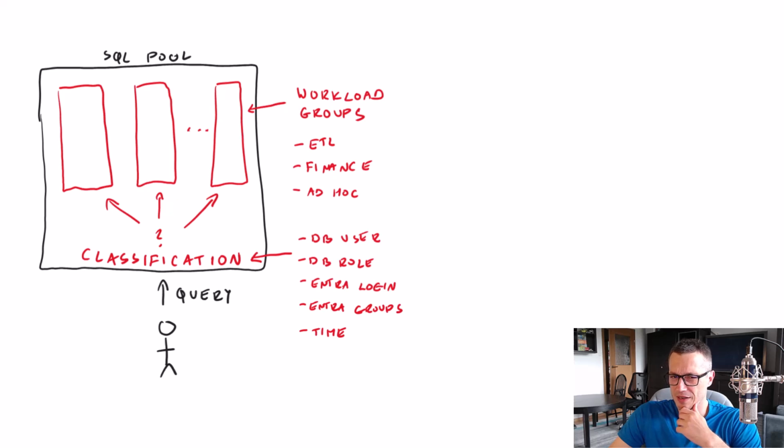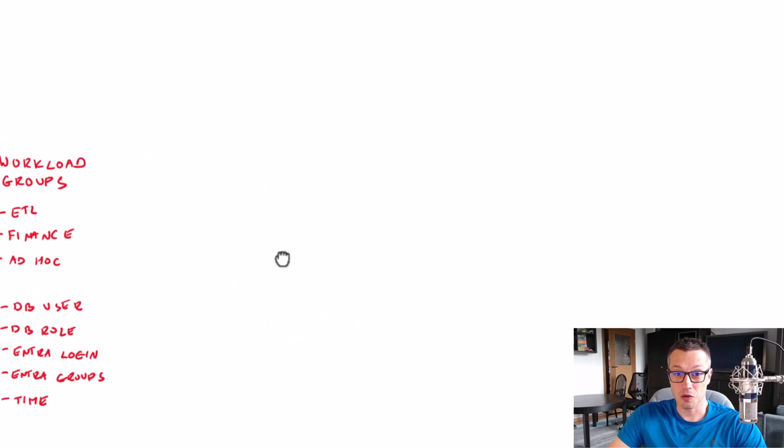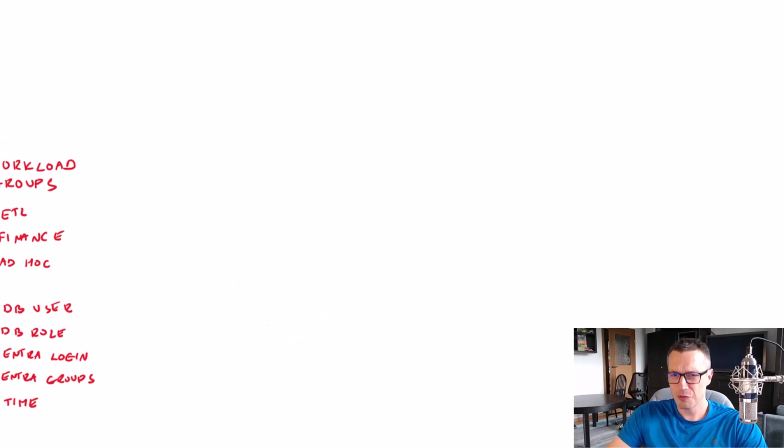Alright, but can you elaborate a bit about those workload groups, what they are? Sure. Let's assume that we would like to create a workload group for finance. But what does it mean to define a workload group? A workload group is simply a way to reserve a set of resources that will be available for a particular group of queries for execution.